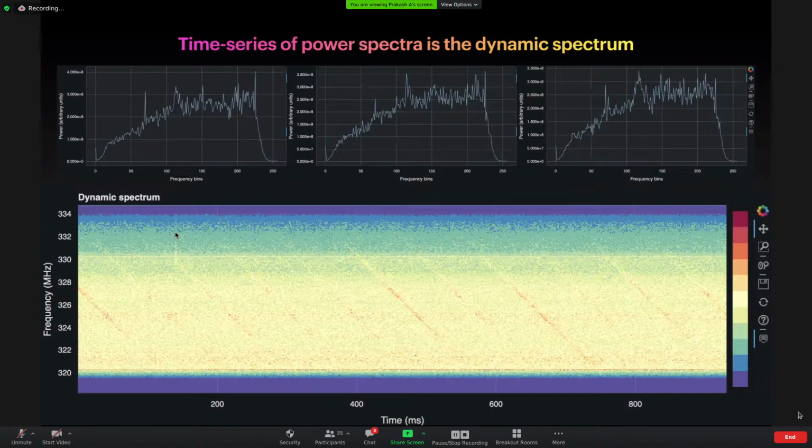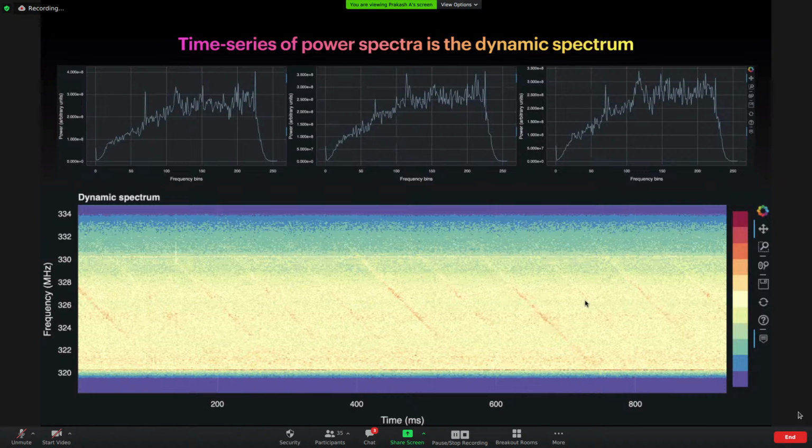Now, these vertical and horizontal narrow lines are all likely radio frequency interference, either from something in the system or from outside that the antenna is picking up. The slanted streaks over here are the repeated signal from the pulsar that we are interested in.